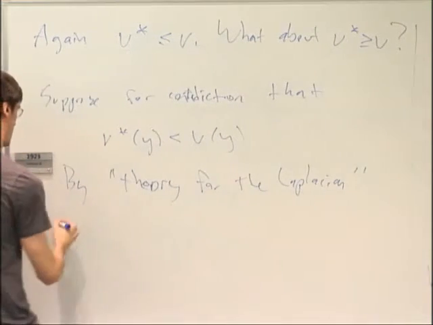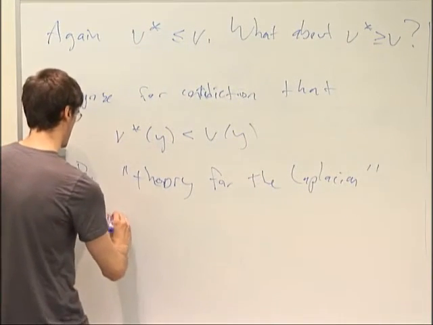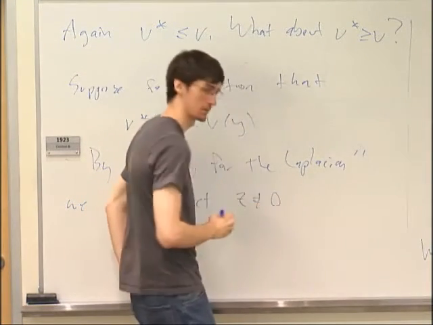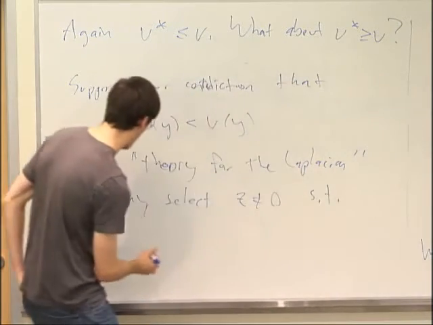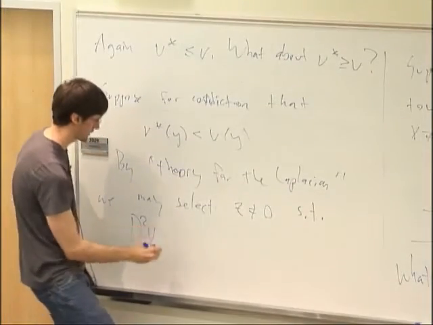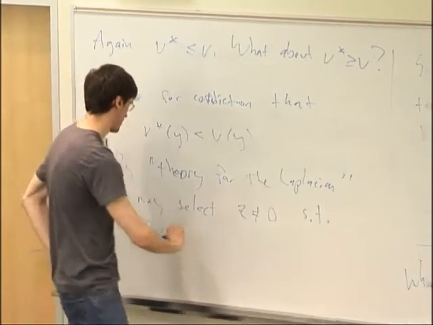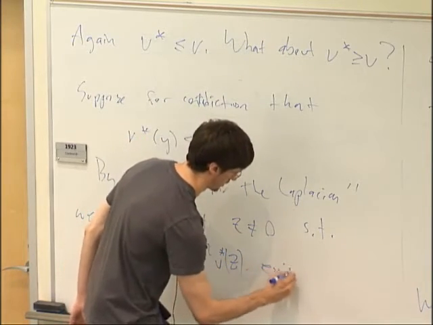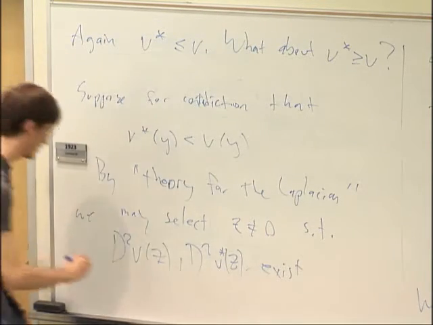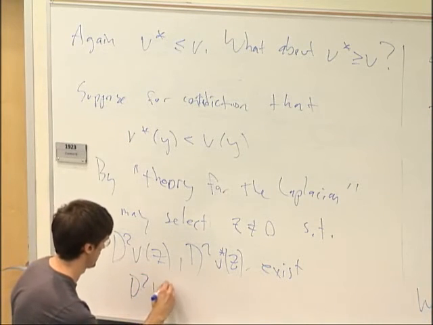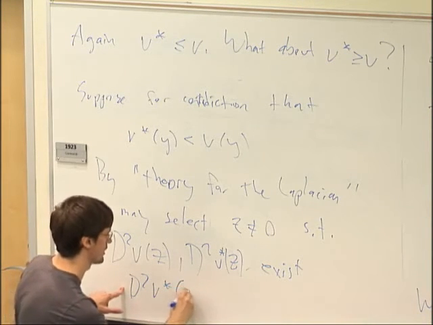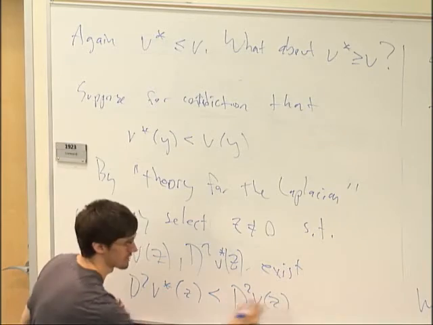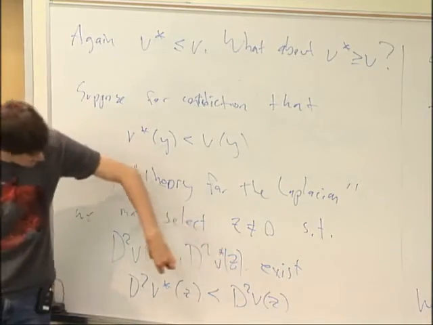What we get is that we may select a point z, which is not the origin, such that the second derivatives of v and v star exist. And even better, the second derivative of v star is strictly less than the second derivative of v at z in the matrix order, meaning that this minus this is positive definite.